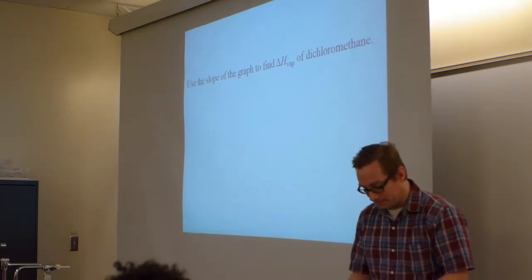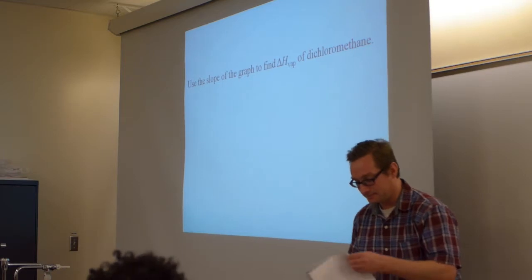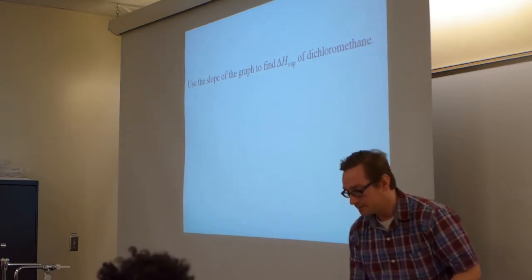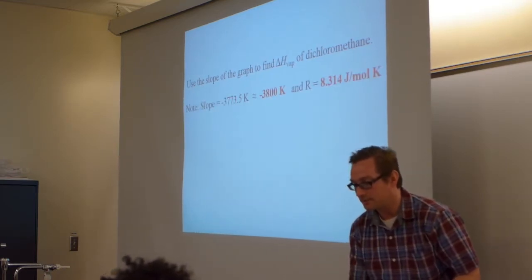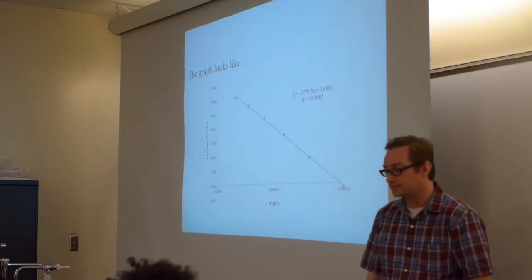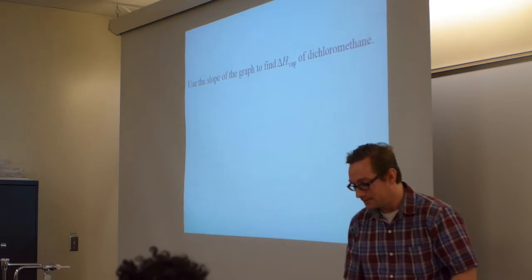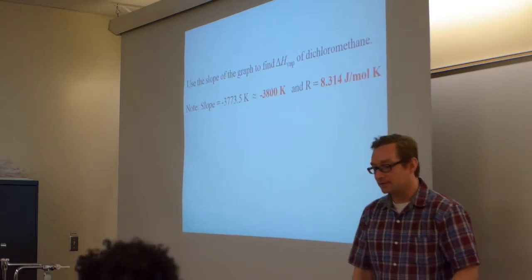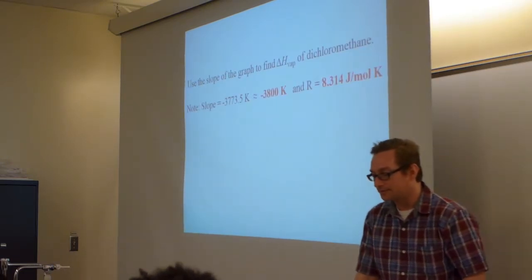Okay, so doing that, how do we get delta H vap, right? So we know that the slope, if we look back at the graph again, is negative 3773.5. So basically, the slope is about 3,800 Kelvin.